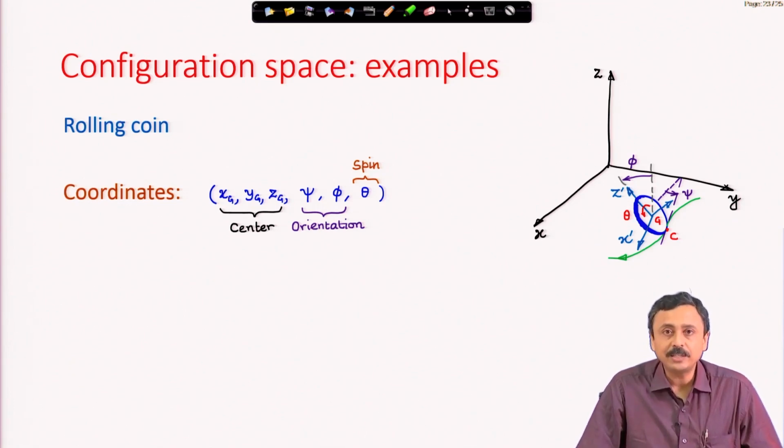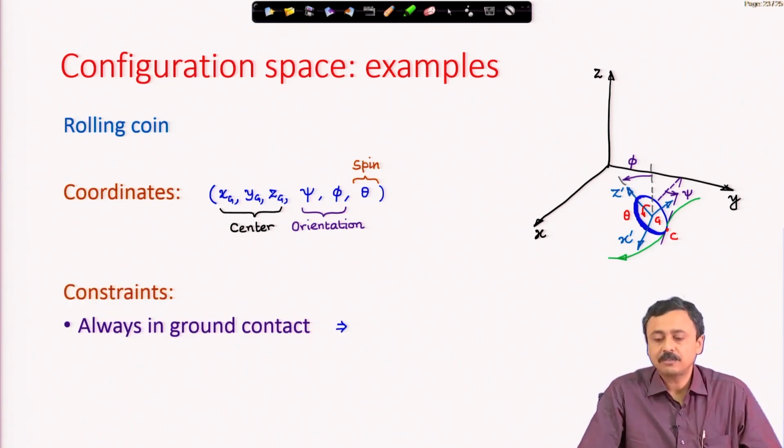Psi and phi together tell us about the orientation, and theta is about the y prime axis, which tells us about the spin of the coin. I have indicated theta in the figure. Theta is the spin angle of the coin.